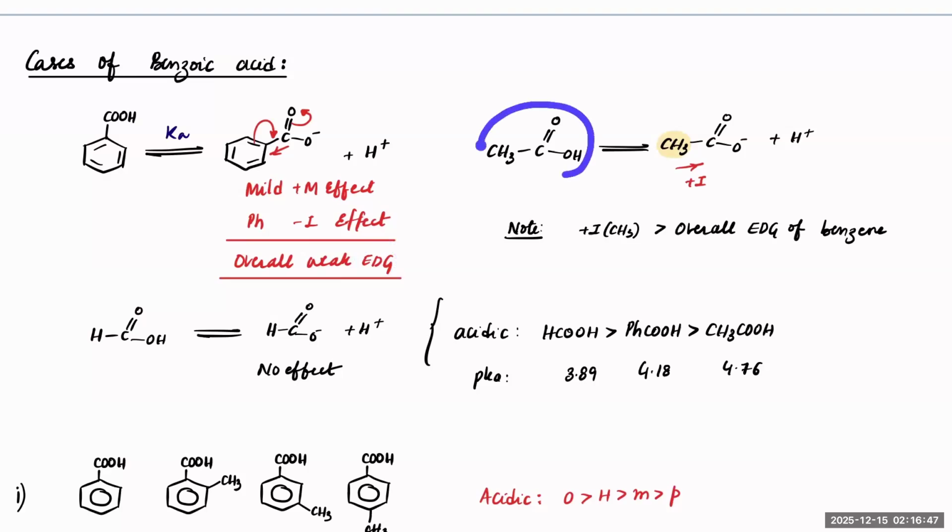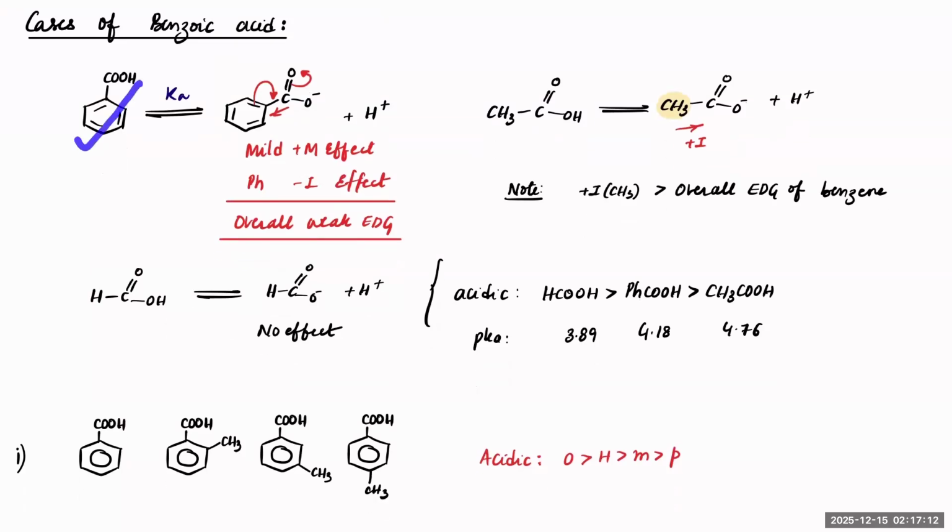While if you compare the acetic acid, CH3 is a very strongly donating plus I group. Okay, and here the plus I group dominates over the overall donating group of benzene. The plus I of methyl in acetic acid, everybody, dominates over the overall electron donating nature of benzene. And that's the reason why, if you compare benzoic acid versus acetic acid, benzoic acid is more acidic.